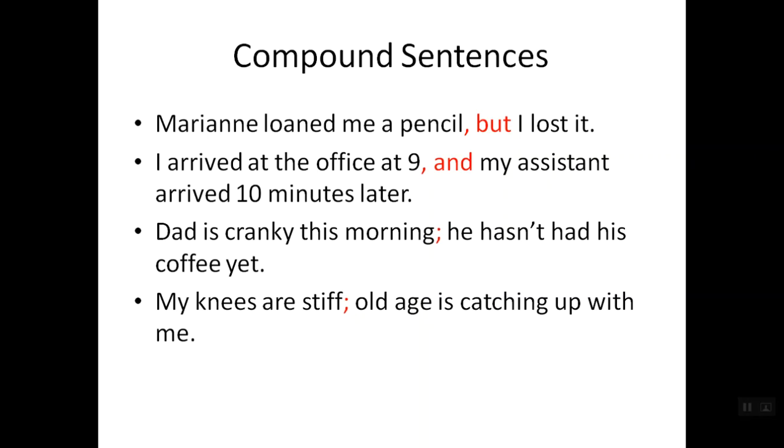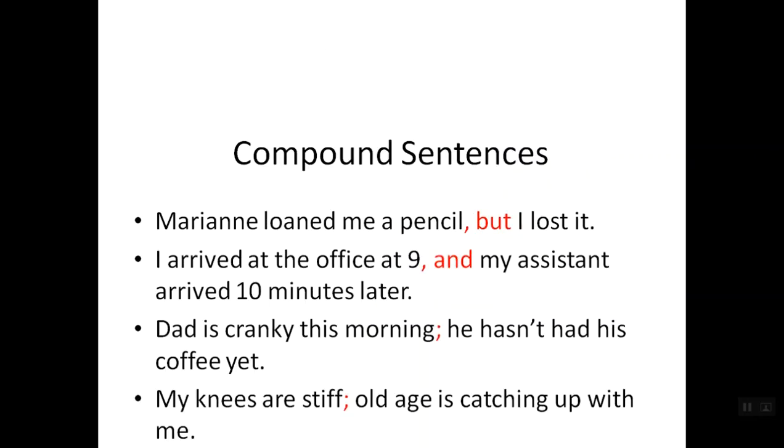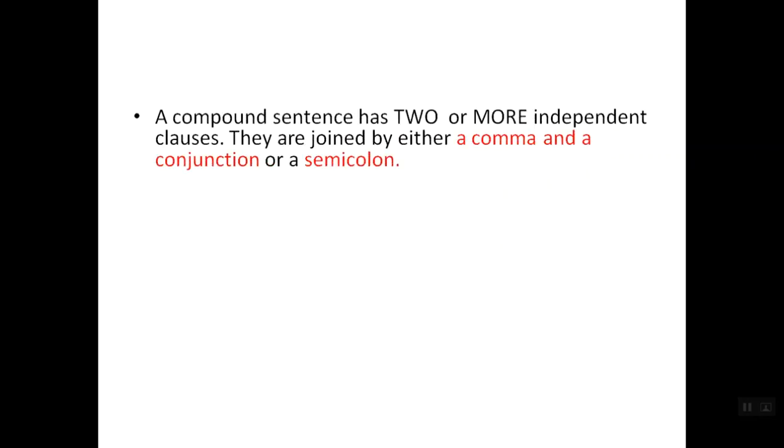Any problems? No problems, inshallah. What you have to know about the compound sentence: a compound sentence has two or more independent clauses. They are joined by either a comma and a conjunction or a semicolon. One way is a comma and conjunction. The other way is a semicolon.